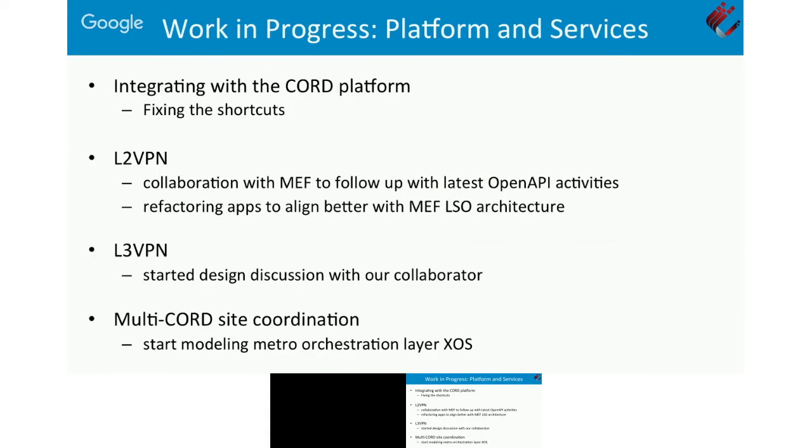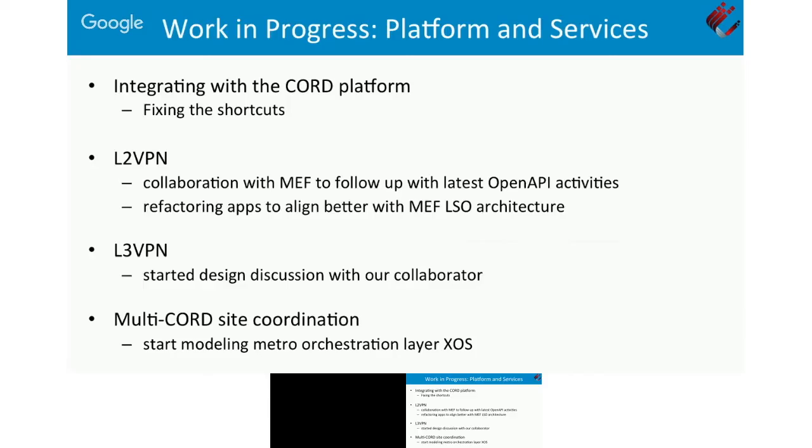And the work with MEF is part of our current work on refining our L2 VPN implementation that we have right now. That also includes thinking about LSO Presto as the northbound interface, not just the SCA API. We also want to start thinking about offering different types of connectivity, not just L2.